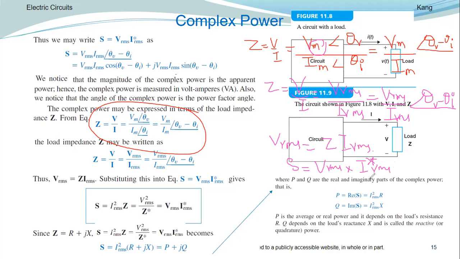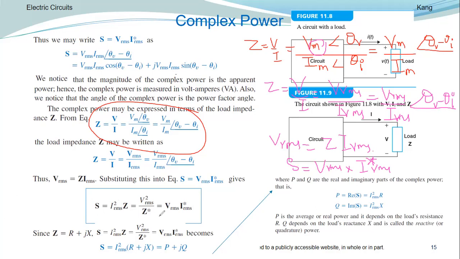First is the value of V RMS, which will be equal to Z into I RMS, and then the value of S, which will be equal to V RMS into the value of I star RMS.